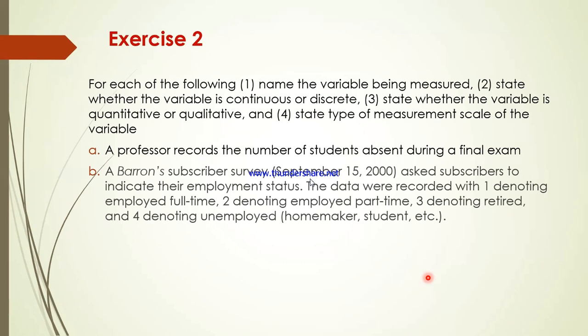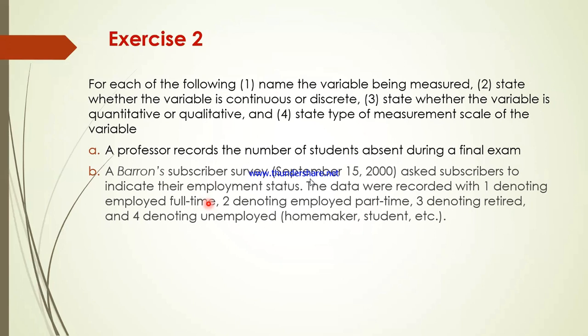Yes, it is a discrete variable because here we are measuring employment status as employed full-time, employed part-time, retired, unemployed. There are 4 categories we are using to measure the employment status of Baron subscribers. So it is discrete.